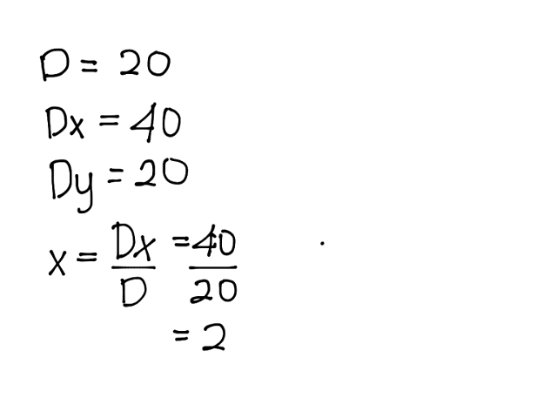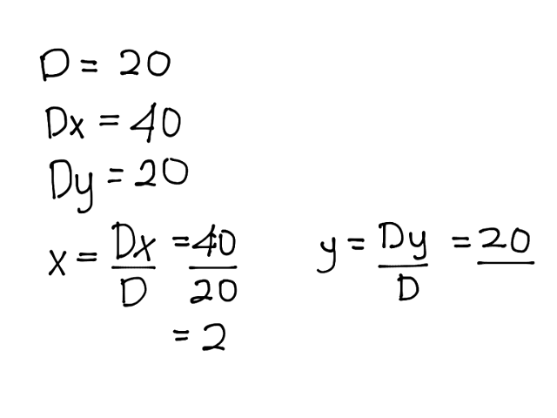And then for y, we have dy over D, where dy is 20 and D is also 20. So 20 divided by 20, we have 1. So this is our value of x, this is our value of y. So we solved this system of equations using Cramer's rule.